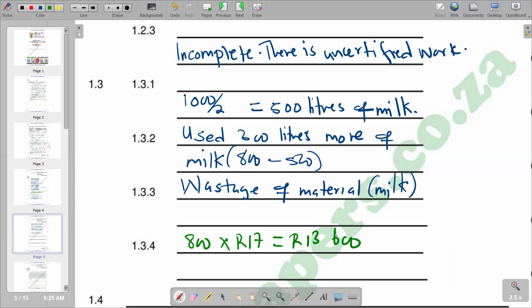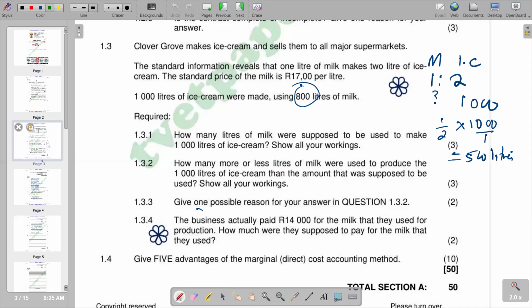So moving on to the last part of our question. The last part says, give 5 advantages of the marginal or direct cost accounting method. Marginal costing basically includes all costs that vary with the level of production, and you know that the costs that vary with the level of production are variable costs.